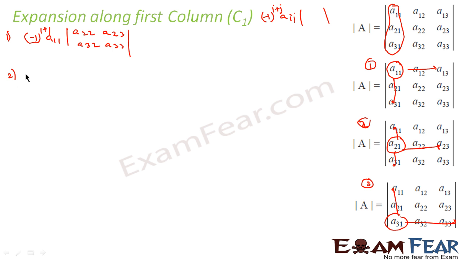For the second step, minus 1 to the power 2 plus 1, a21. Correct?